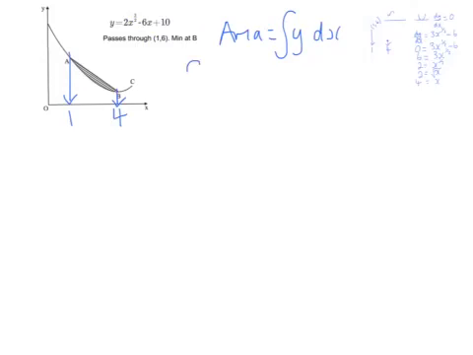So I am going to integrate 2x to the 3 over 2 minus 6x plus 10 with respect to x, and I'm going to integrate it usually between the limits that I've just found. I say usually because it's not always. So if we integrate between 4 and 1, we're going to get this area here between the two x limits, the x-axis and under the curve. So we're actually going to find that area there.